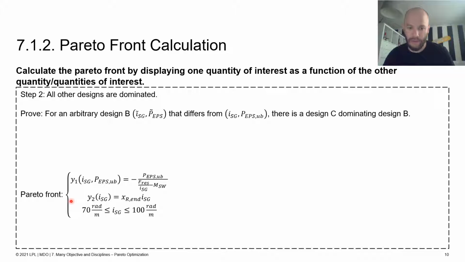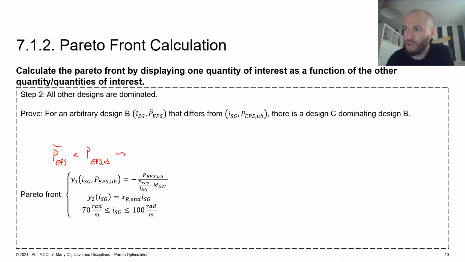So the mathematical proof is pretty straightforward. What we just need to show is that we want to compare two designs, so B to C, so both have the same gear ratio, and when it comes to the power of the actuator, we know that the power P tilde is always lower than our definition of the Pareto front, because it's not allowed to be part of the Pareto front. Okay, so it's always smaller than the upper bound.